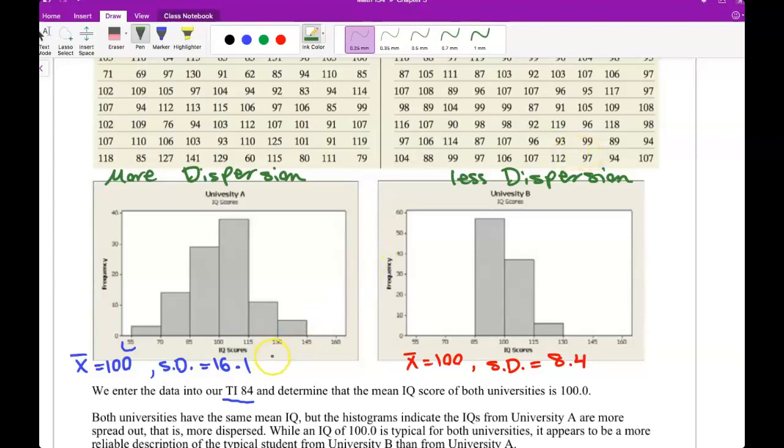So this one has a higher standard deviation.